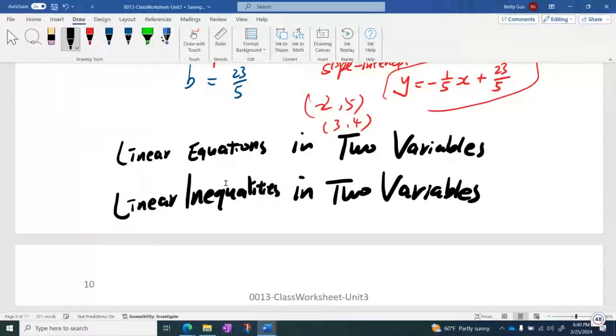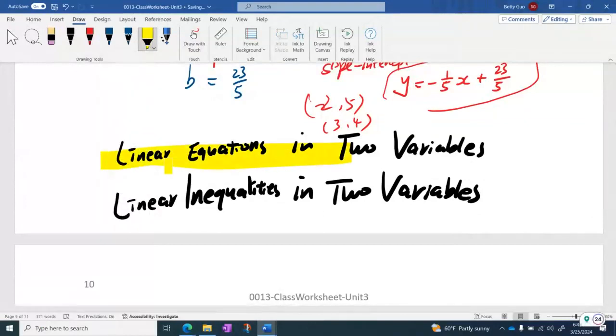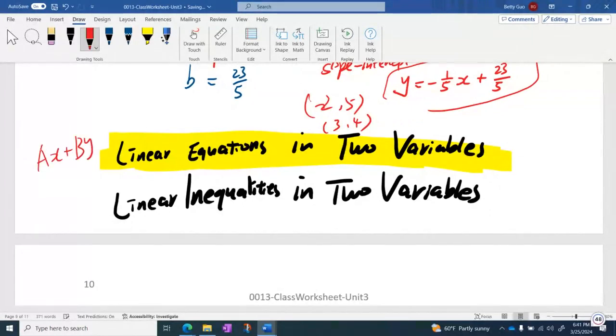This chapter so far, we have been dealing with linear equations in two variables, right? You're going to remember what is a linear equation in two variables. It looks like this: ax plus by equals c. That's a linear equation in two variables. And the last section of this chapter is linear inequalities in two variables.